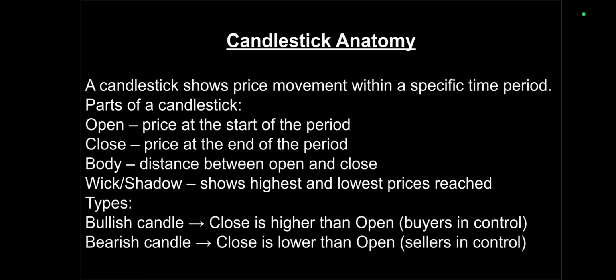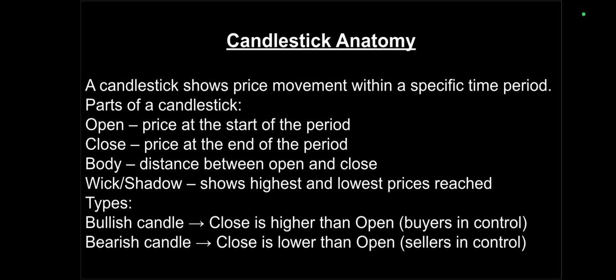Types of candle. We have the bullish candle, which on some brokerage accounts or trading platforms is green. And we have the bearish candle, which on some trading platforms is red.